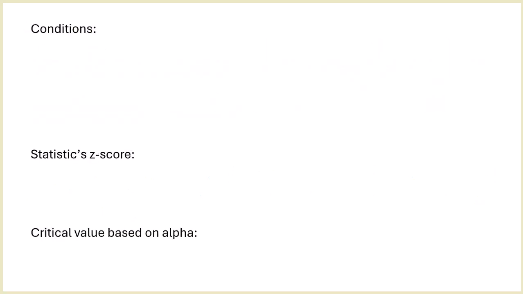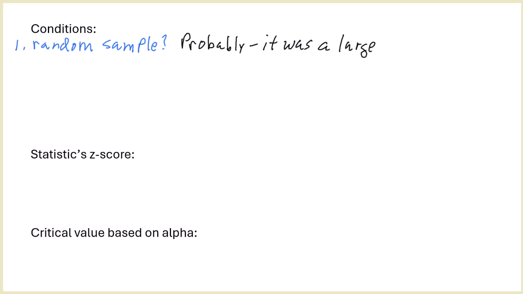Next we look at the conditions. First one, was our sample random? And since this was a national poll, we can just assume they did it right. Okay, there's one hoop. Next one, is our sample large enough for a normal distribution?